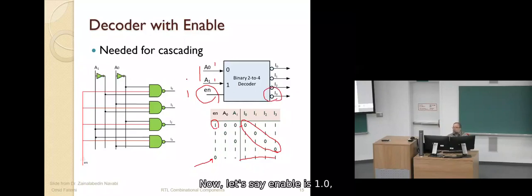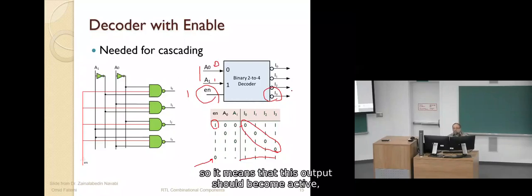Okay. Now, let's say enable is 1 and A0 is 0 and A1 is 1. So what should happen? Since enable is 1, it means that it works. The input is 1, 0, so this output should become active, should become 0.